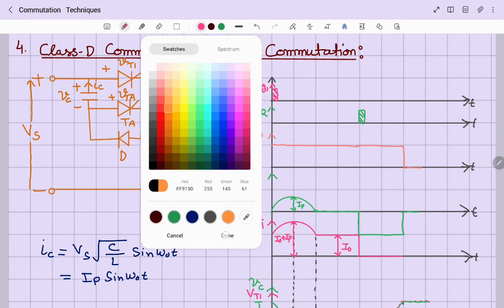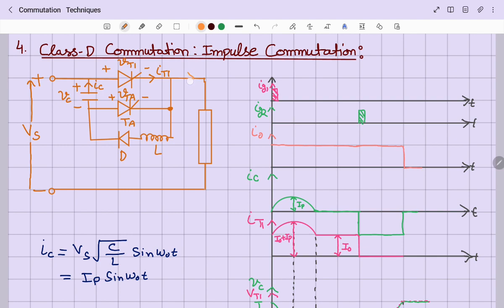Let me make a small correction. This is I0, and this is your load. So the moment thyristor T1 is triggered, load current I0 starts to flow.